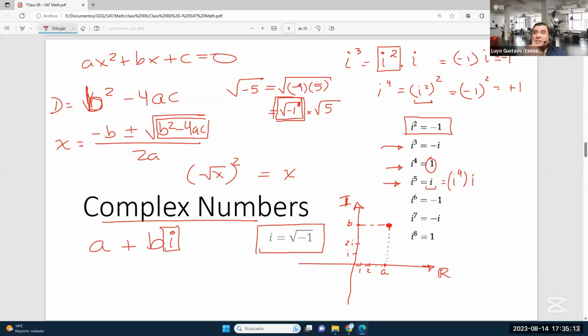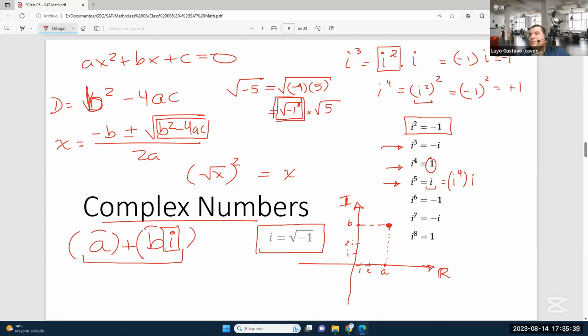This point on this plane is the representation of the complex number A plus BI, where both A and B are real numbers, but this is the imaginary part and this is the real part of the complex number. Okay, so we represent complex numbers as points on a plane as if they were two coordinates.